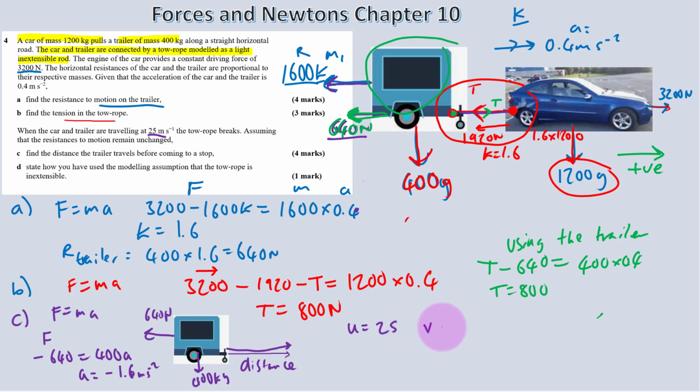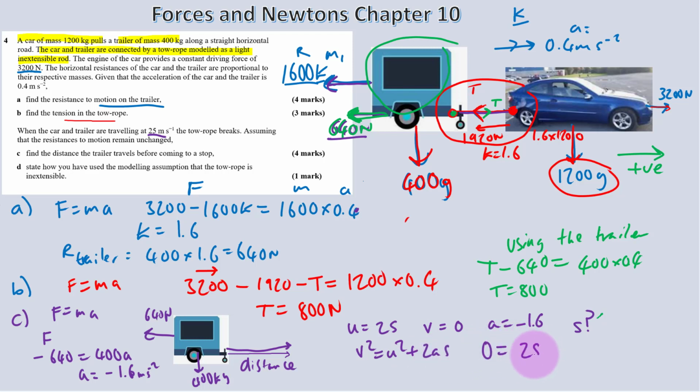We have v, because we want to know when it comes to a stop, so v equals 0. a is minus 1.6, and we're trying to find s. What formula in SUVAT has all of that? It's got to be v squared equals u squared plus 2as. So substitute your values in.